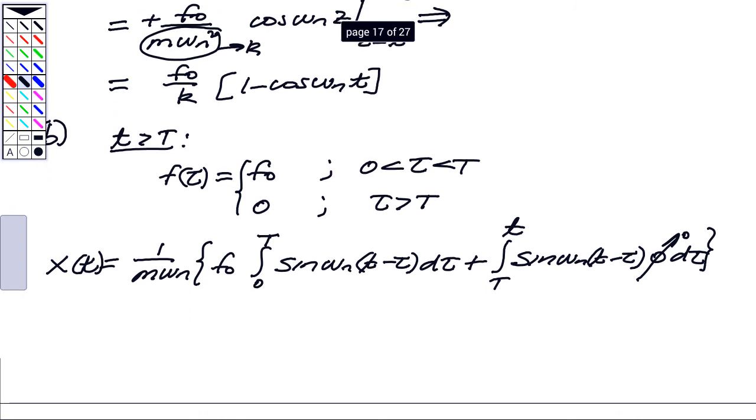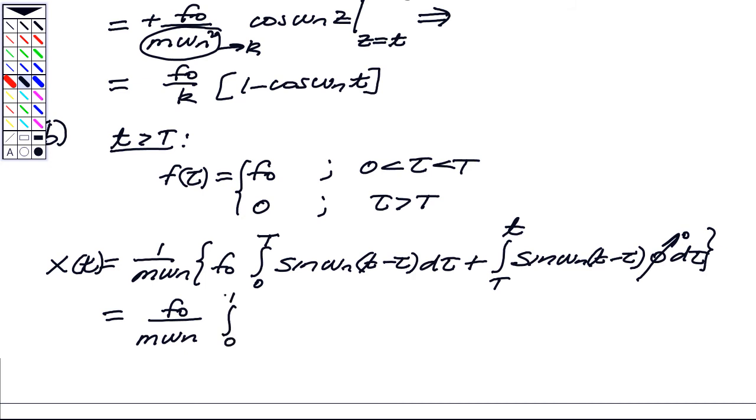So we're left with this convolution integral being f naught over m omega n, integral from 0 to T of sine omega n (t minus tau) d tau.